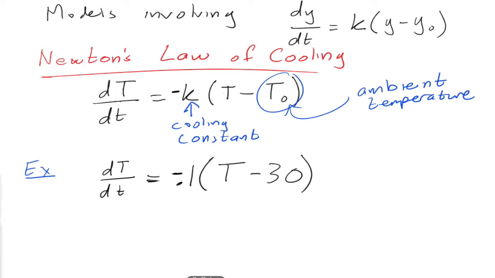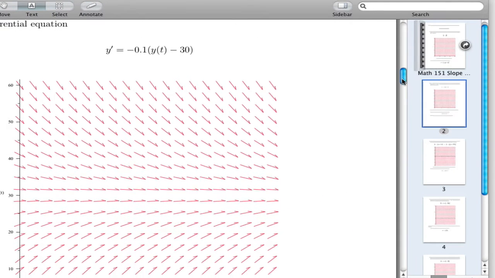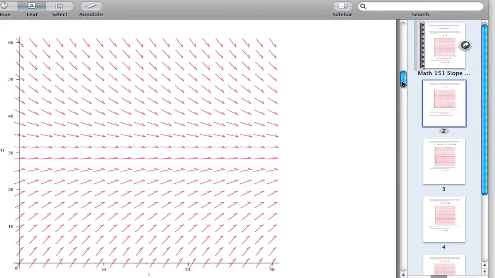If we take a look at the slope field again now that we've taken a look at the model, we've got our coffee cup, which we don't really have there. It starts at 98, so our picture starts at 60.